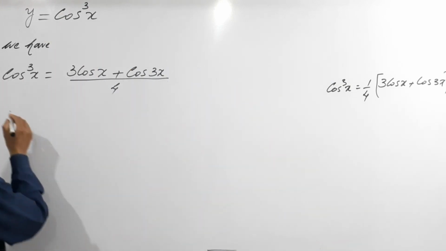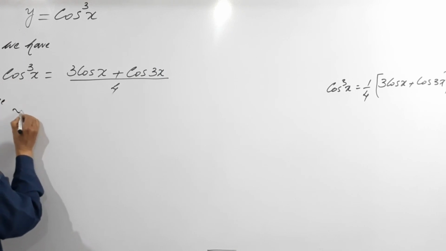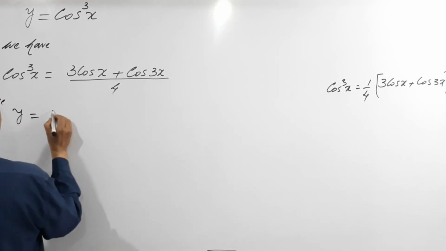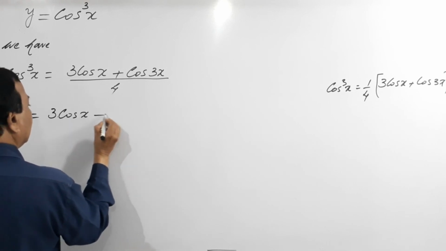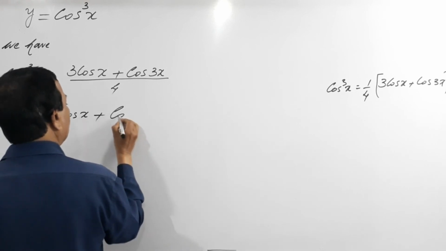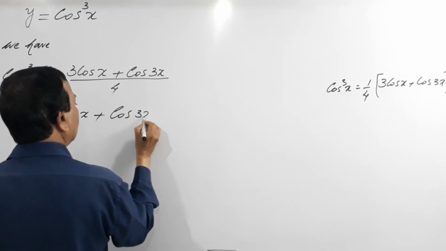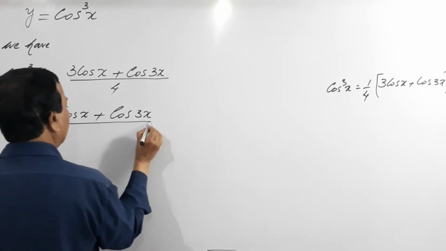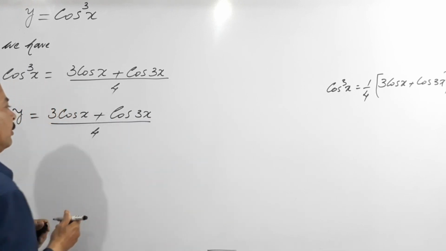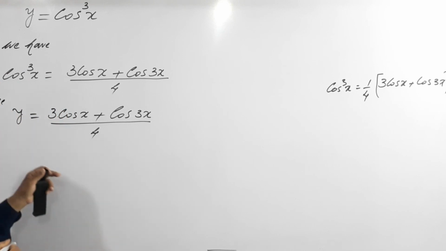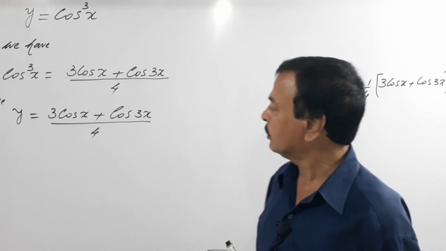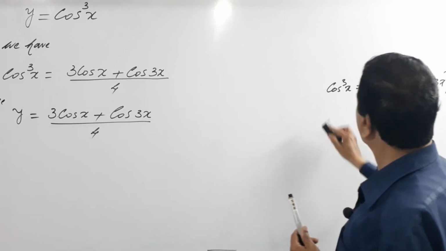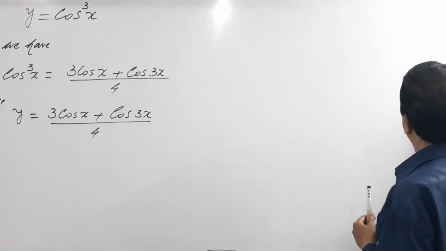So what happens? y will be 3 cos x plus cos 3x by 4. Now we are able to differentiate this for the nth time. What is the next formula I have to use?